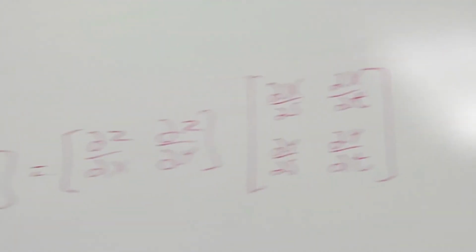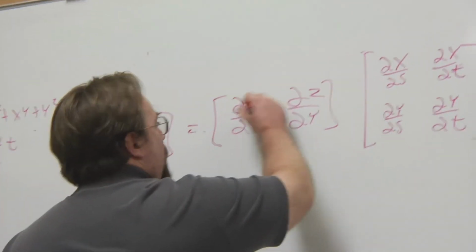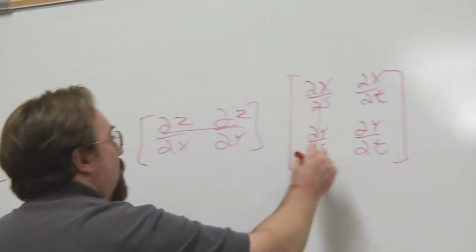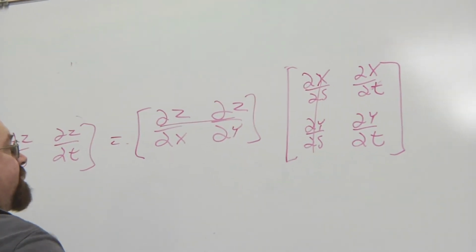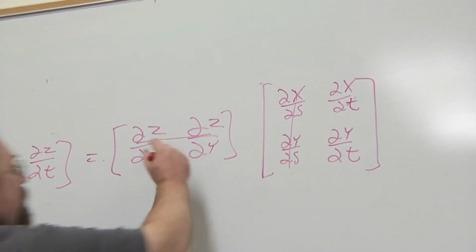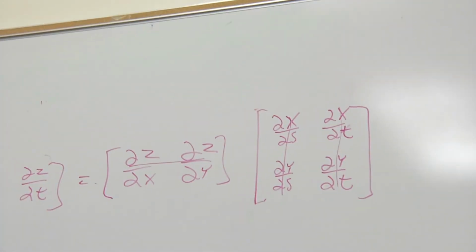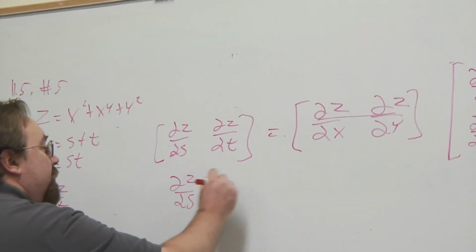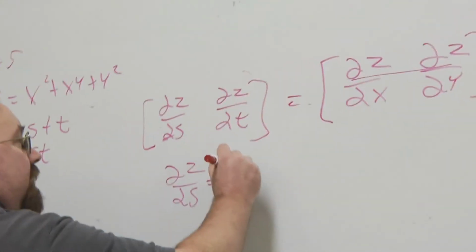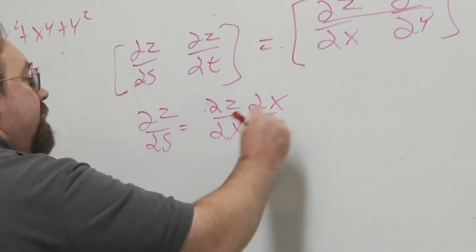But then if we multiply all this out, which involves taking the dot product of this row with this column, that gives you dz ds, and then you get the dot product of this row with this column to give you dz dt. So in other words, dz ds is going to be dz dx, dx ds.